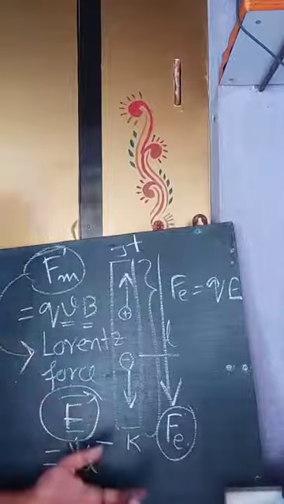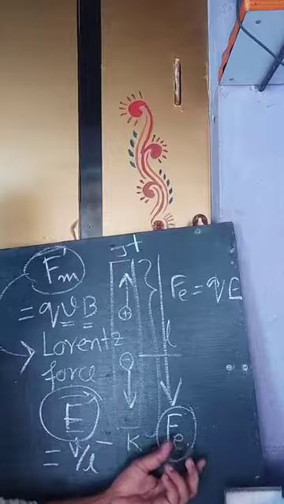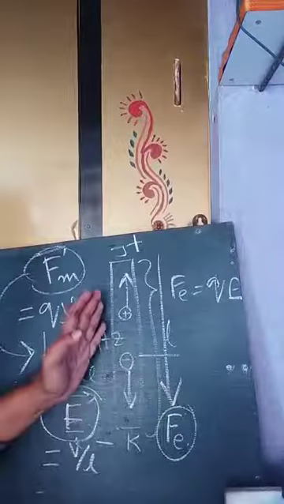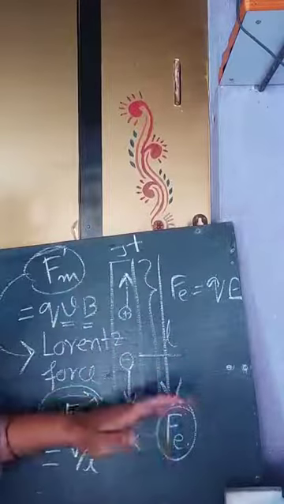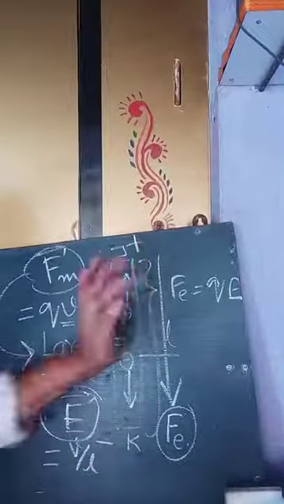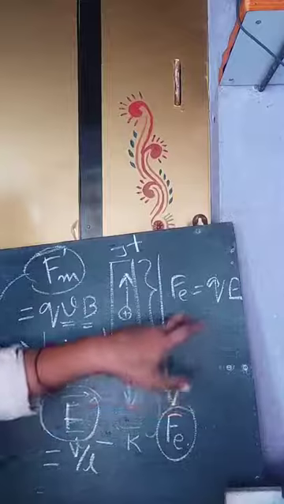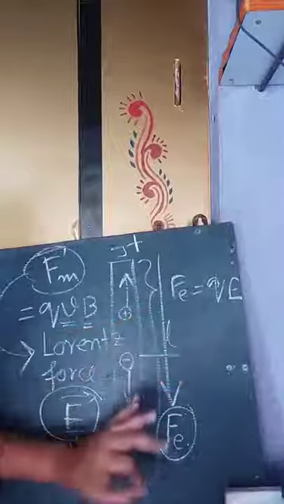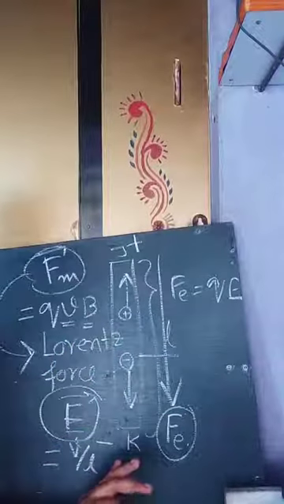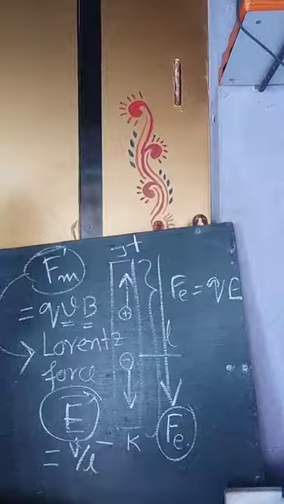Now the direction of this Fe on the positive charge will be towards K, and on the negative part it will be towards J. Thus the direction of this electric force Fe on each charge is opposite to that of the magnetic force Fm. Clear?